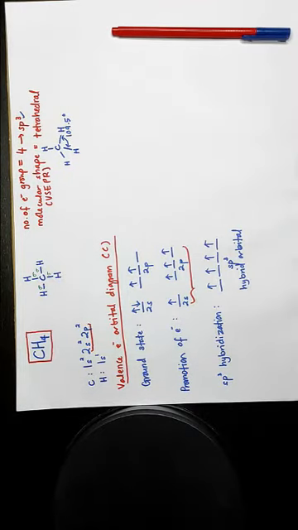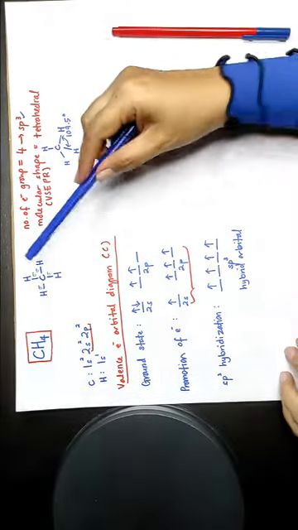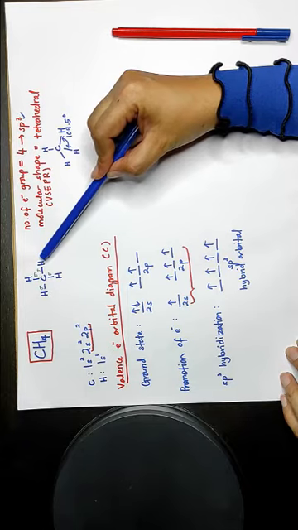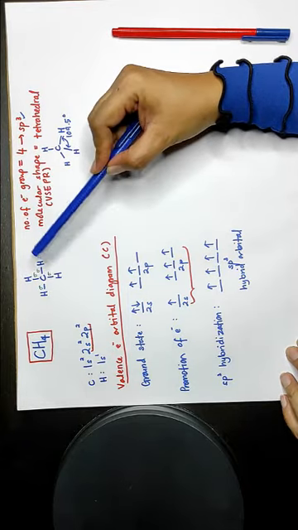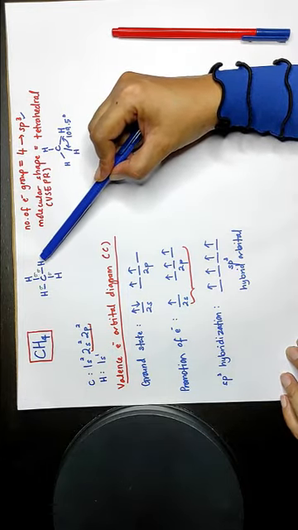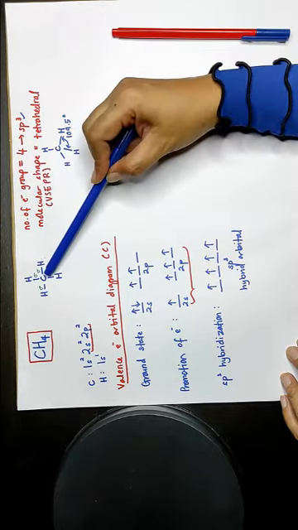Okay. So to form the sigma bond, hydrogen will contribute its valence electron to be shared with carbon.